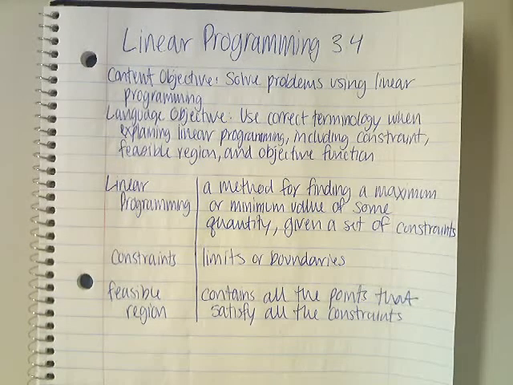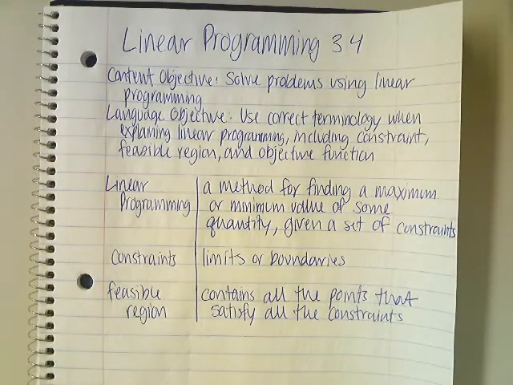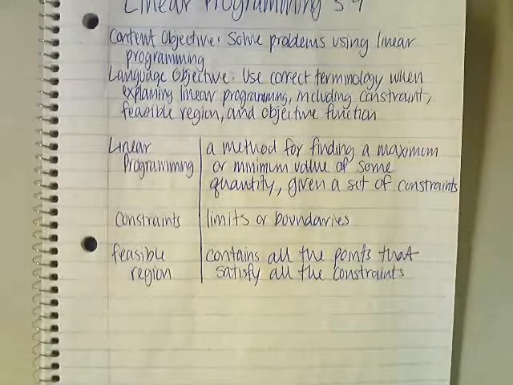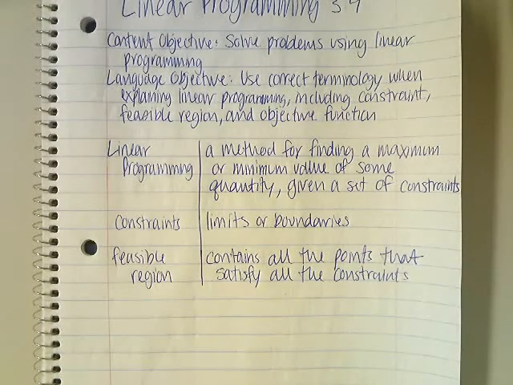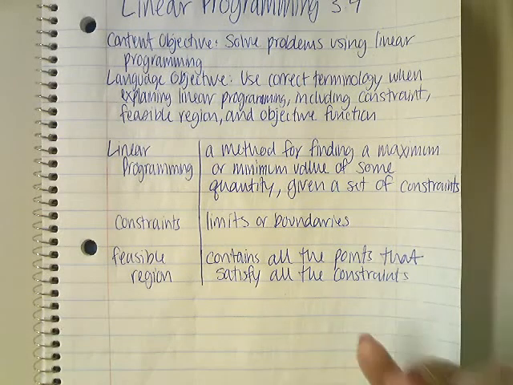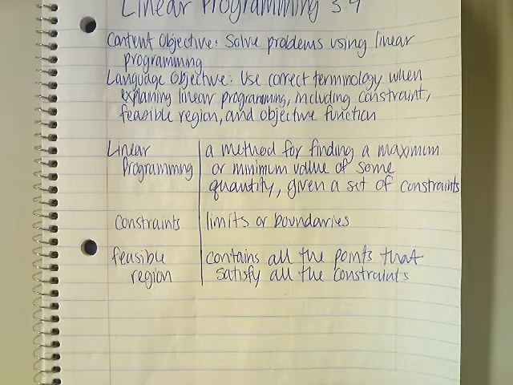Like you can't have negative values, but it has to be greater than this and less than this linear function. So it'll all fall within this certain feasible region. We probably won't get to a word problem in the notes today, but that will be our focus in class. But I want to make sure that we have the basics and the concepts down, or the skills we need to solve problems like that.